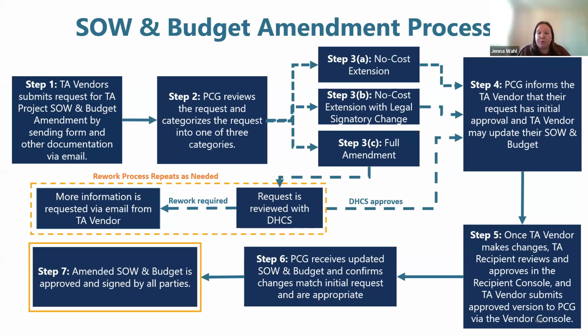Once it is approved, we will inform the TA vendor that you may update that scope of work and budget. Once that is submitted to us, our team will review and ensure that that update matches what was requested in the form. And then we will have the amended scope of work and budget signed and approved by all parties. Next slide, please.